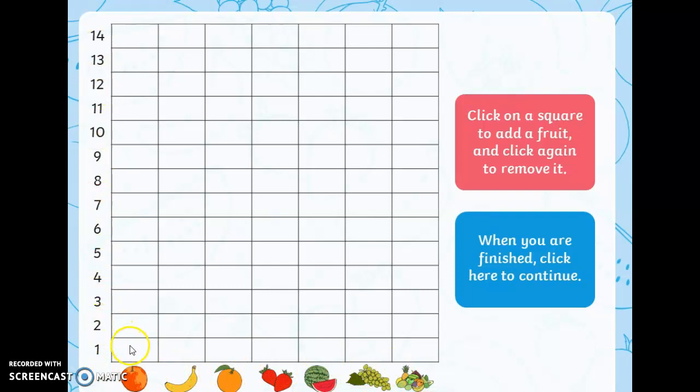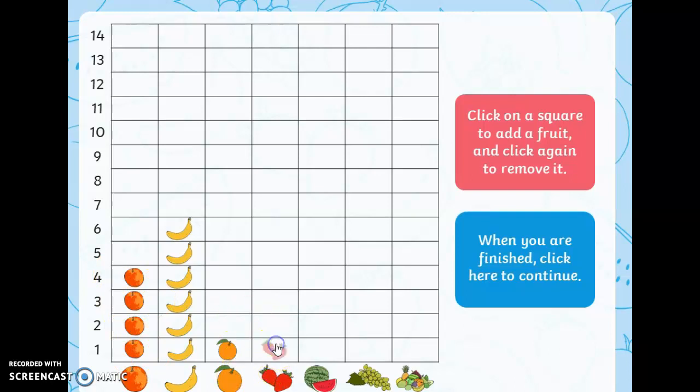We're going to pretend that 1, 2, 3, 4 boys and girls like oranges. 1, 2, 3, 4, 5, 6 boys and girls like banana. I don't even think that's an orange. Maybe this is an orange.